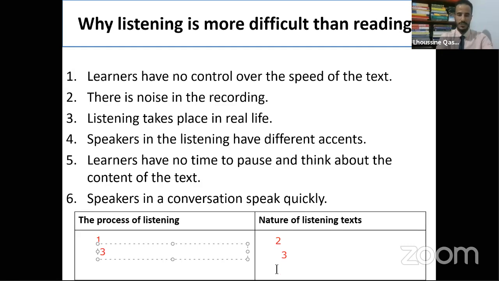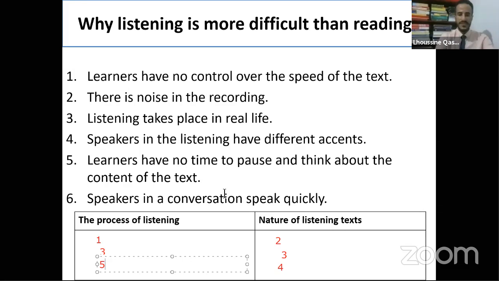Yes, it's number 2. So let's write number 4 here. Great. Now, learners have no time to pause and think about the content of the text. What do you think? Is it 1 or 2? Sophia said 1, Siham 1. Thank you. It's number 1. So number 5 is here.